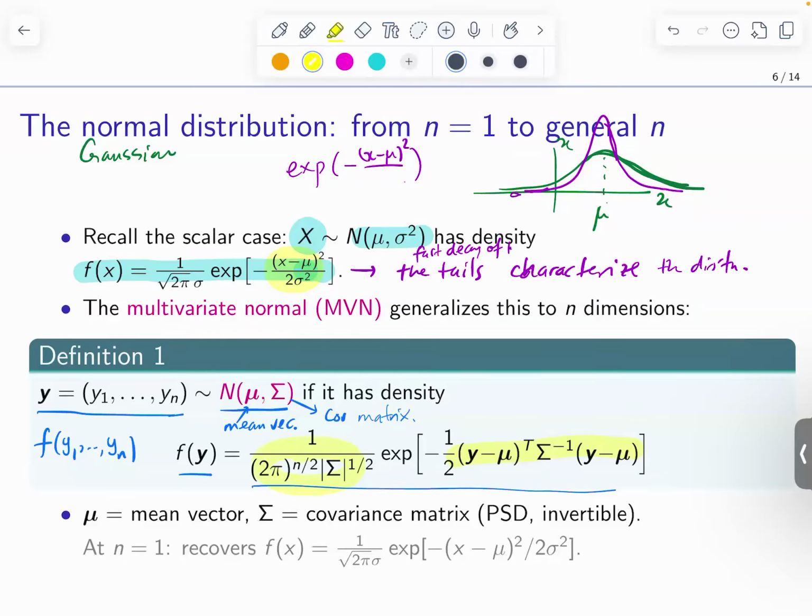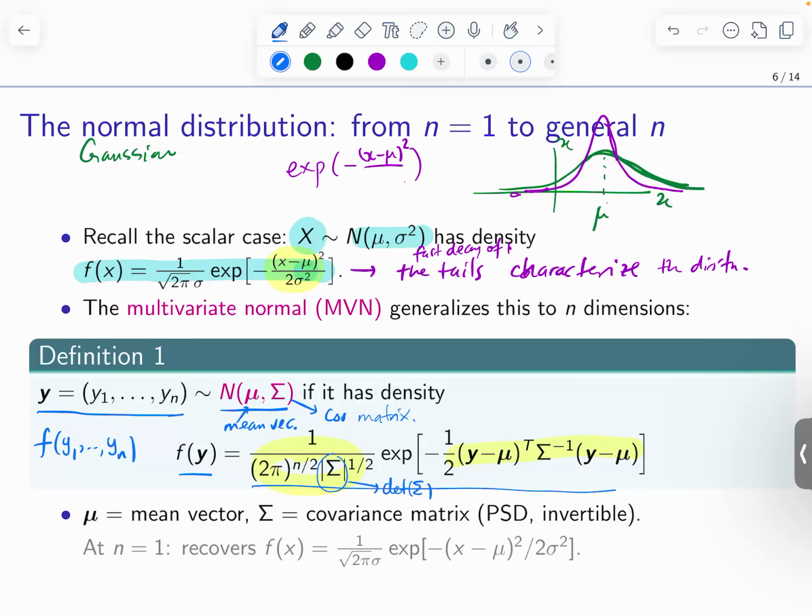This part is just to normalize so that this integrates to 1. And this quantity here is the determinant of sigma, and the rest is normalizing factor. So the key part is the e to the negative of this quadratic, which tells you how fast it decays away from the mean.